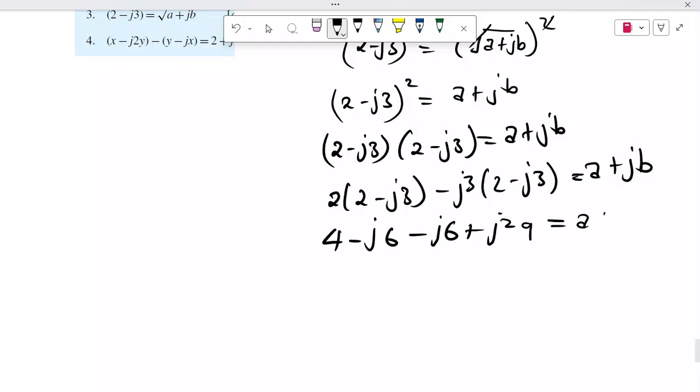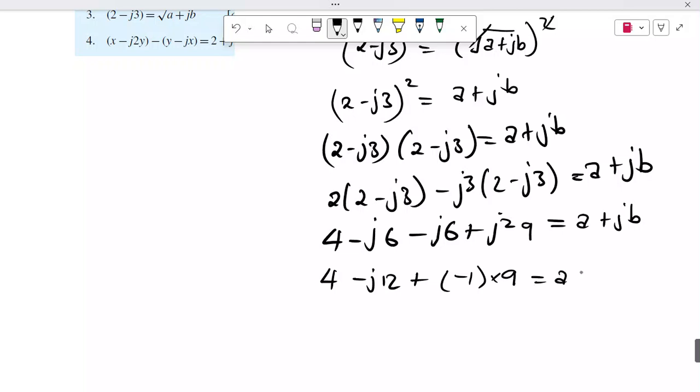Equal to a plus jb. So you have 4 here, and we can simplify. Negative 6j, negative 6j, this is negative 12j. Then plus j squared, which is negative 1, multiplied by this 9 here.